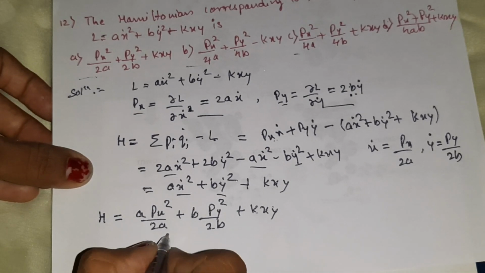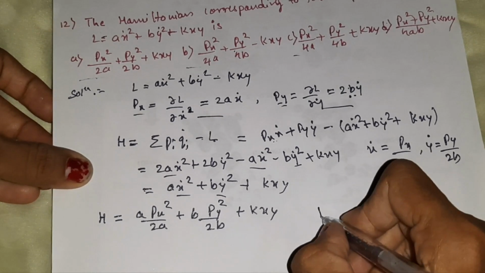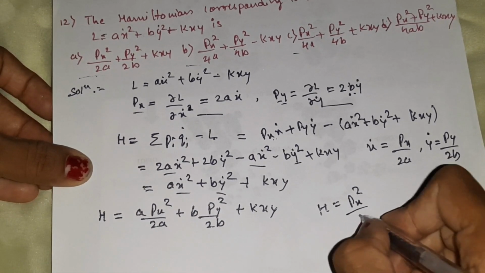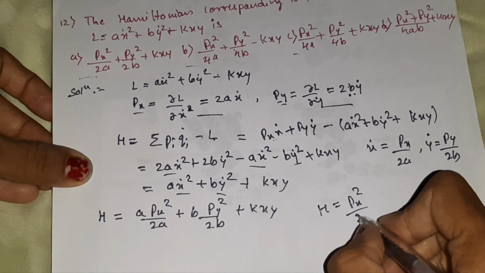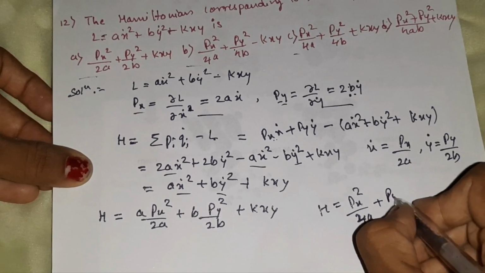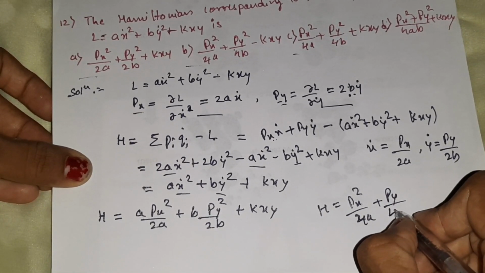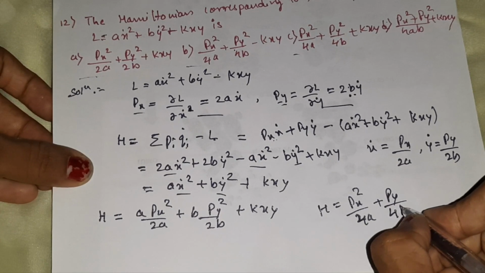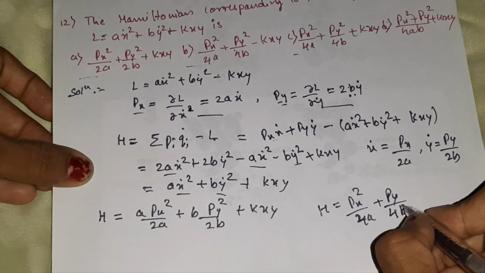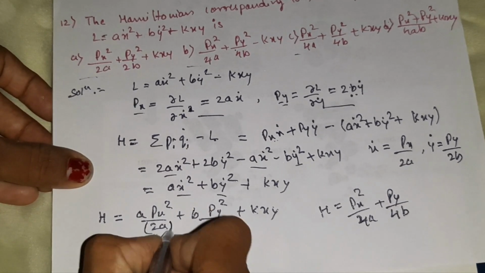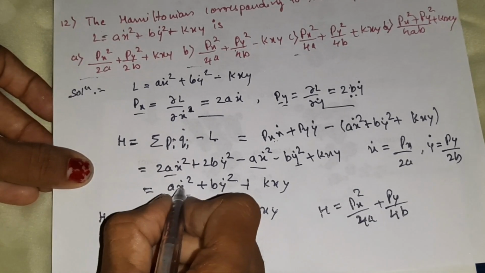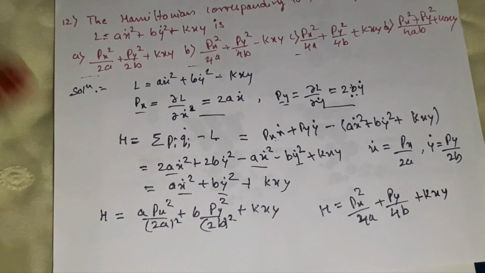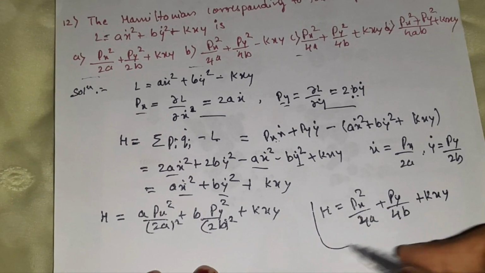So the final equation we get is the Hamiltonian H equal to px square by 4a plus py square by 4b, you need to square it, plus kxy. So this is the correct answer.